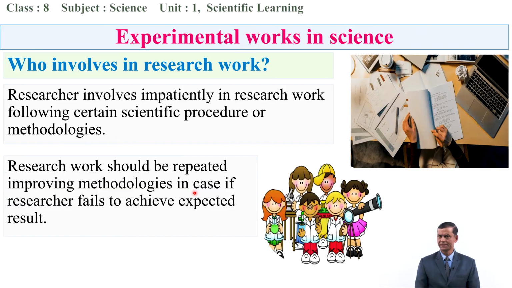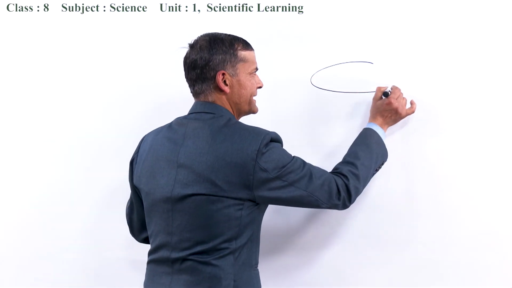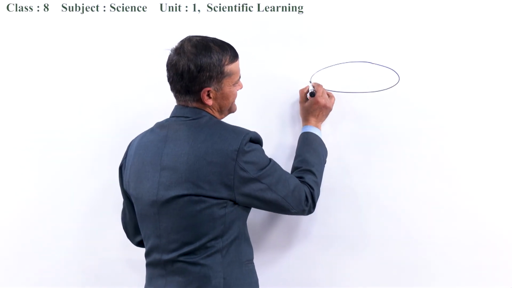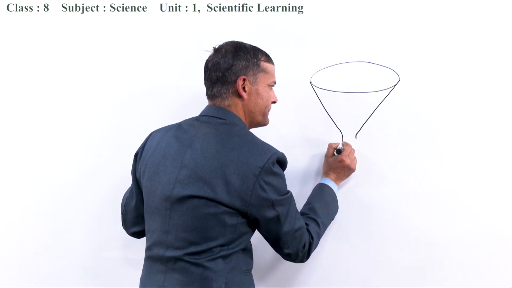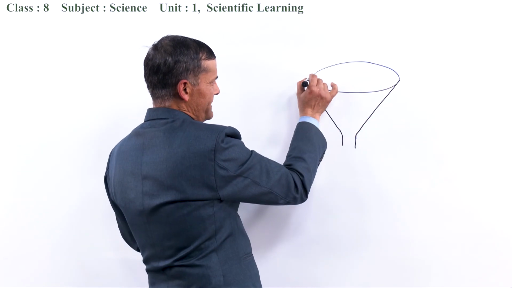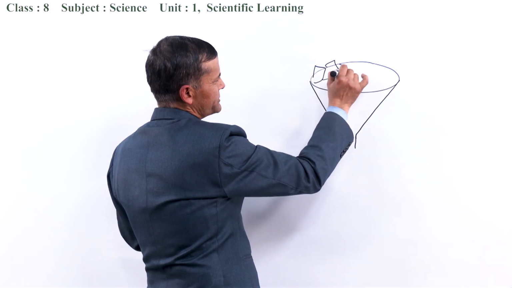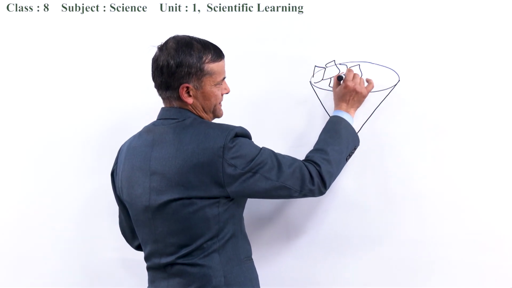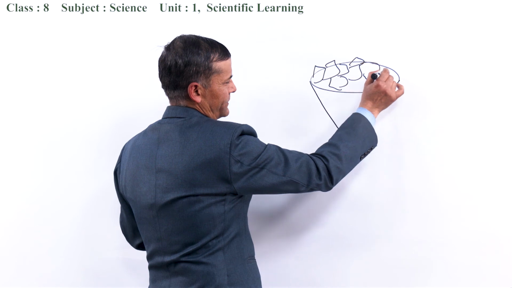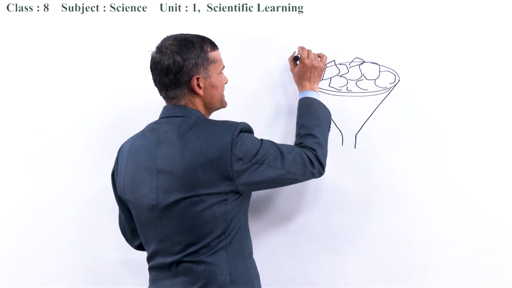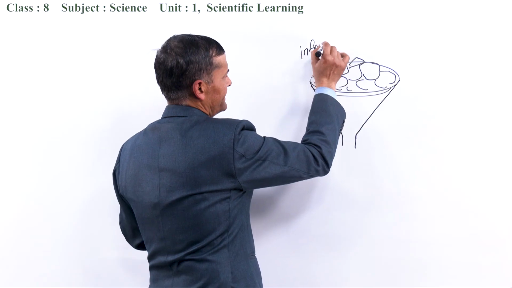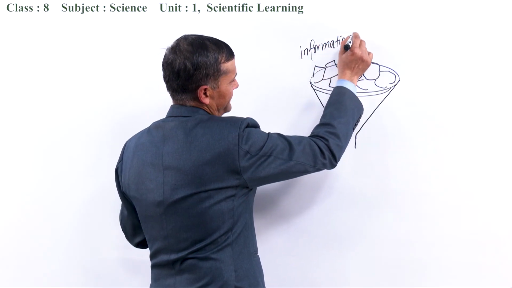In the research, dear students, research work is like this. It is a funnel approach. It is also called the funnel approach. Look at it. So many things we have to interpret here, we have to accumulate here, isn't it? We should collect so much information. These are the information.